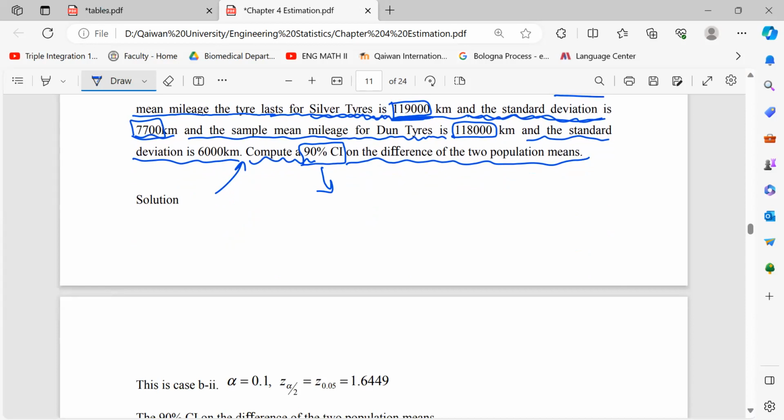The percentage of the confidence interval must be given because it's asking to find the interval for that percentage. Alpha here is 1 minus 0.9, so it's 0.1.